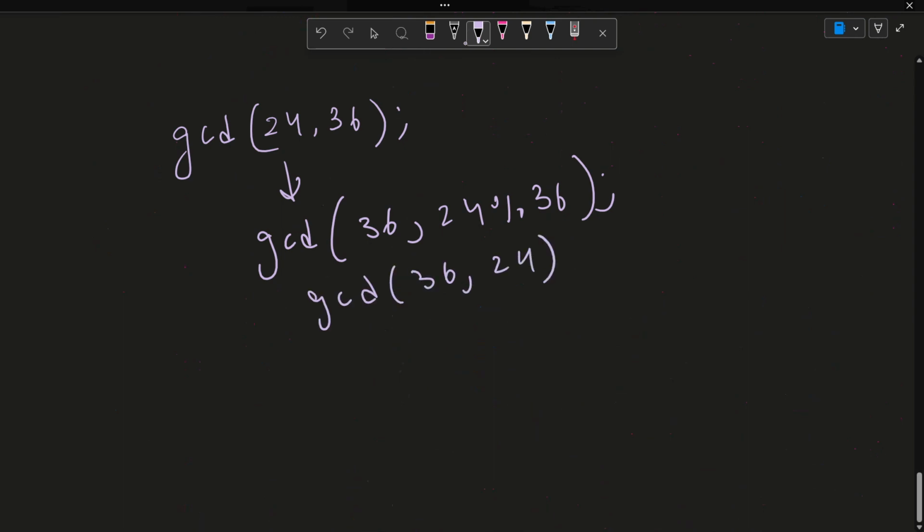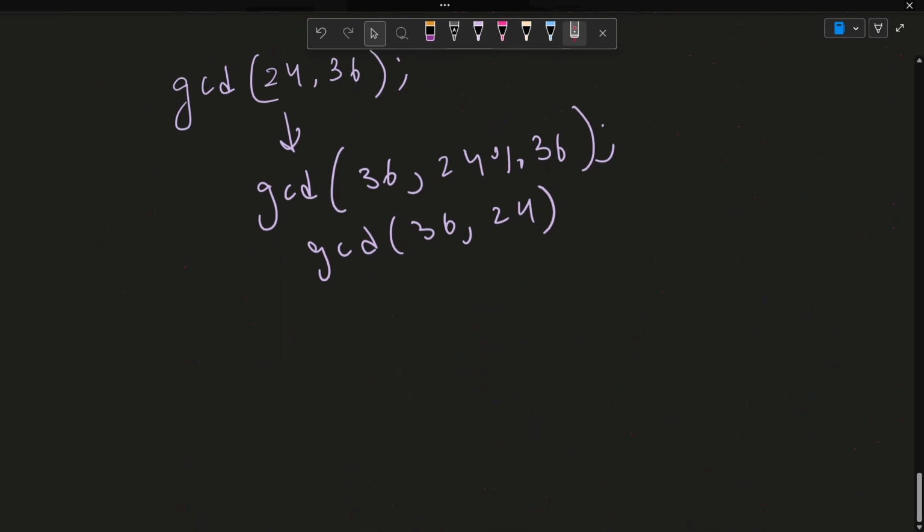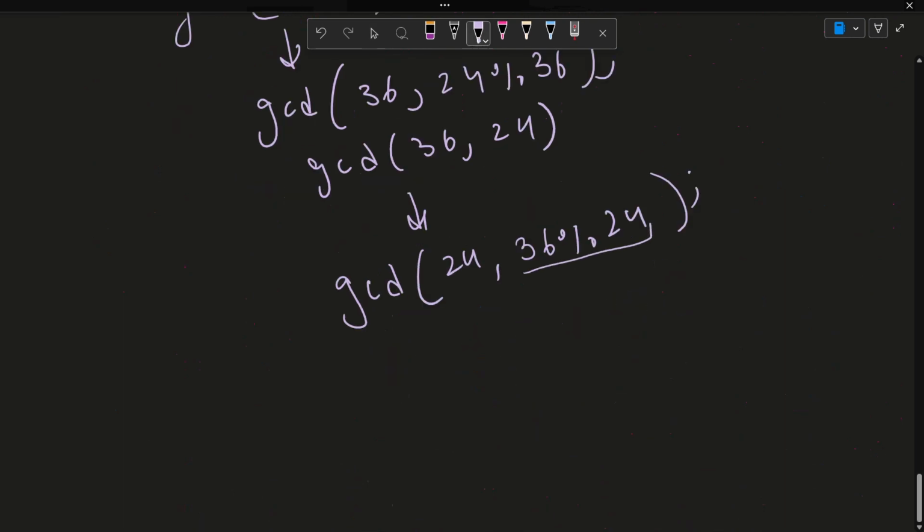Okay, you're good with this. Now I check, is 24 zero? No, it's not. Then I do the calculation of GCD again. I say GCD of 24 comma 36 modulo 24. Correct, right? What is 36 modulo 24? It's basically 12. So GCD of 24 comma 12 is what is being called, right?